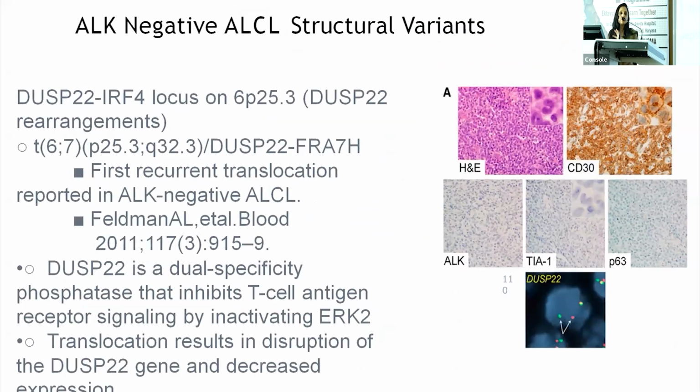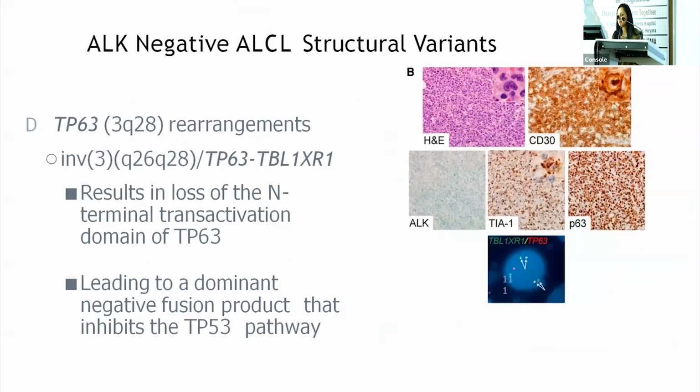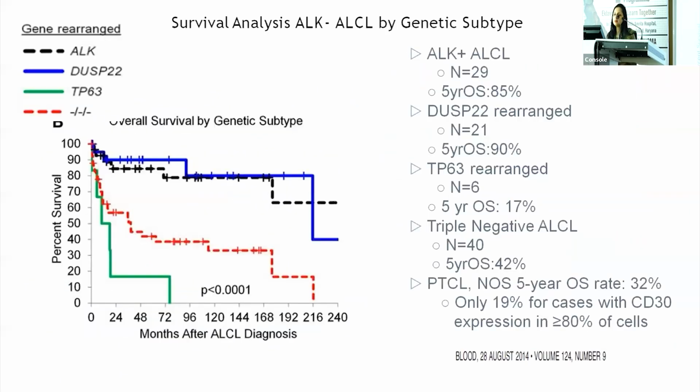Then coming to the ALK negative, based on the profiling, it has been found that there are three groups. If you see clinical behavior, the best is your ALK positive group. They are behaving the best. Then the DUSP22 rearranged patients are also behaving very well, quite close to your ALK positive patients.